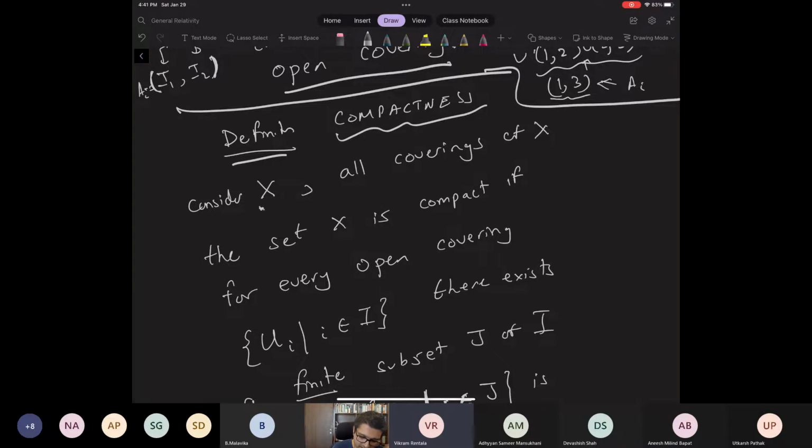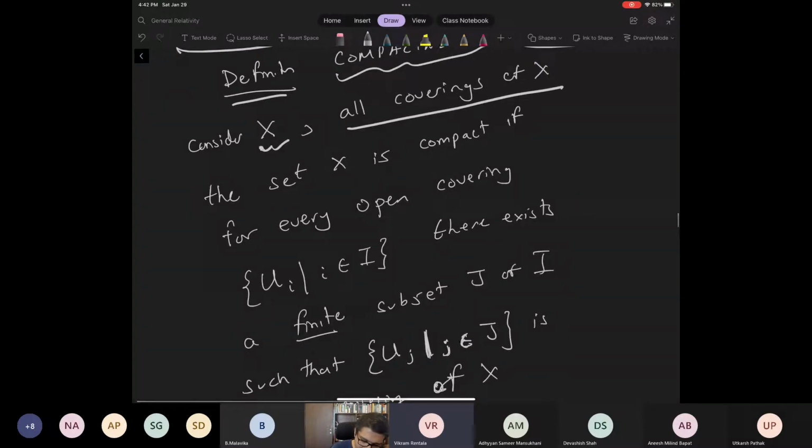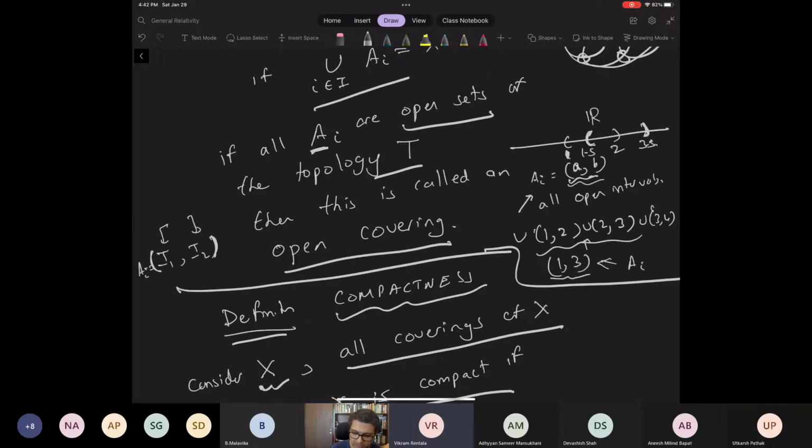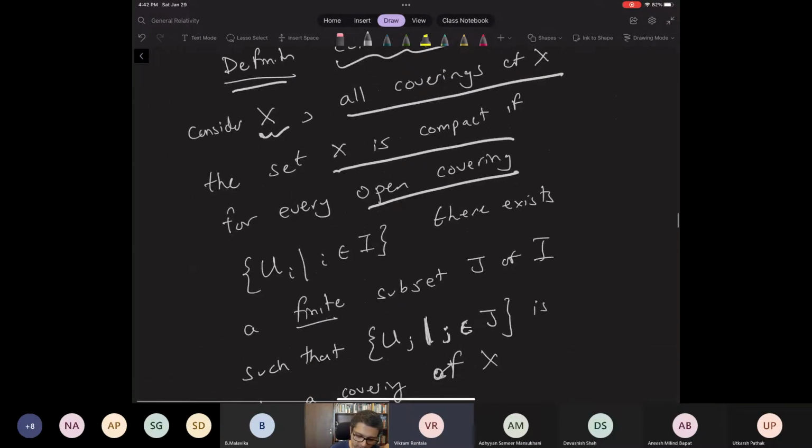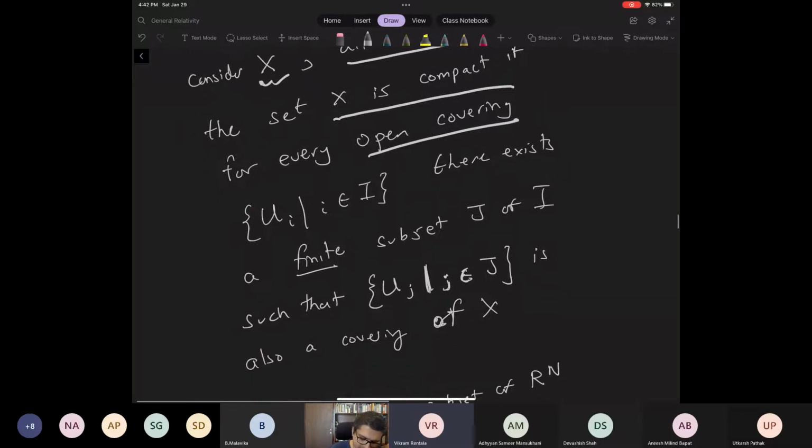So consider X with some topology T, and consider all possible coverings of X. Then we define the set X to be compact if, for every open covering, that is, you take every possible open covering, we gave some different examples of open coverings of R here, and in this open covering the sets that cover X are open sets, so these are U_i which belong to T.